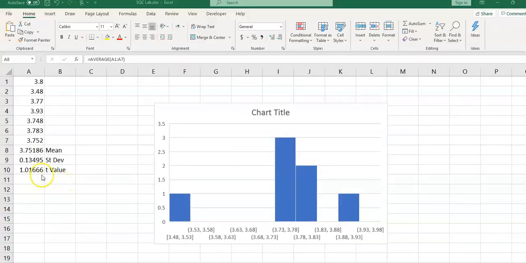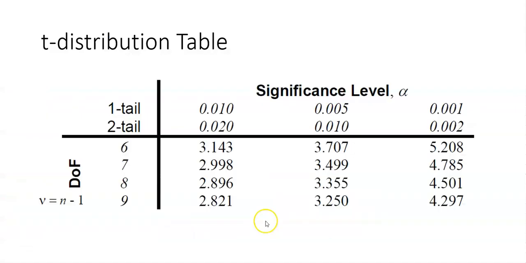Now back to my spreadsheet. Let me make these values consistent with the other, in terms of decimal places. Now I have this t value that I already calculated and I need to compare it to the critical t. So our t value was 1.1. Now you need to compare it to the critical t from this table.